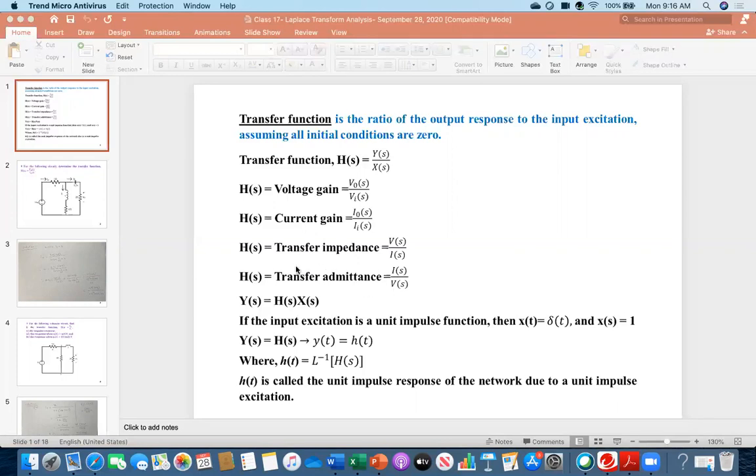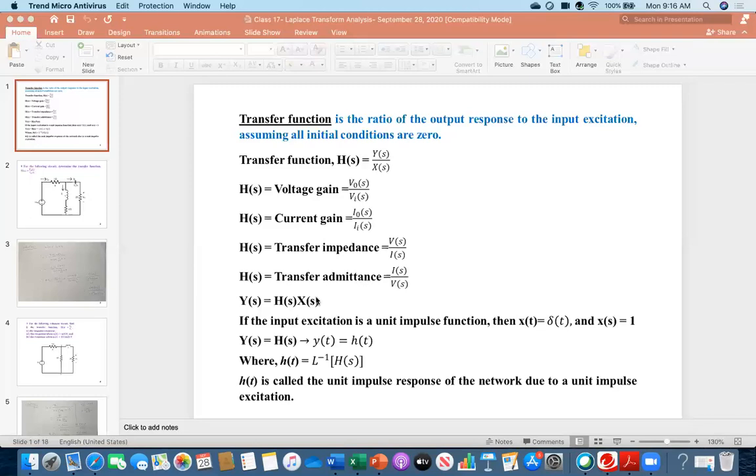Accordingly, the name goes: transfer impedance H(s) is V over I, and transfer admittance is I over V. It depends on the problem and the situation when to calculate voltage gain, current gain, transfer impedance or transfer admittance. Soon I will show you a numerical example and then you all will be fine. I will show you a few problems.